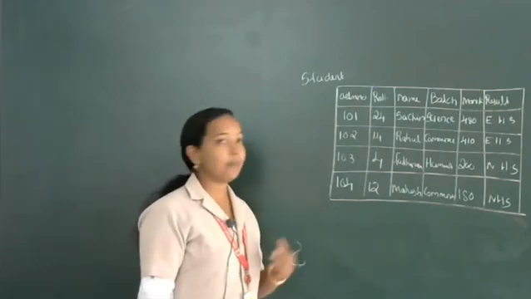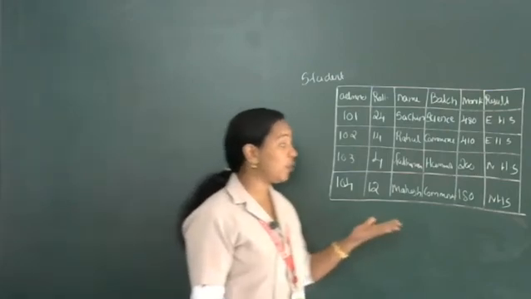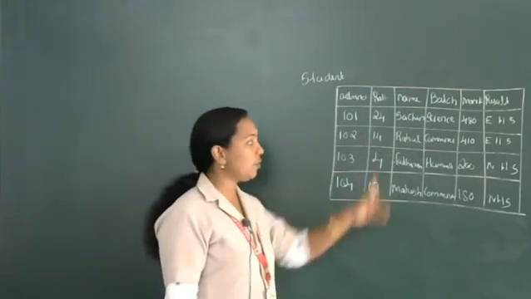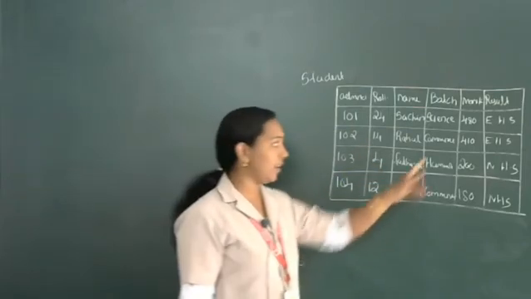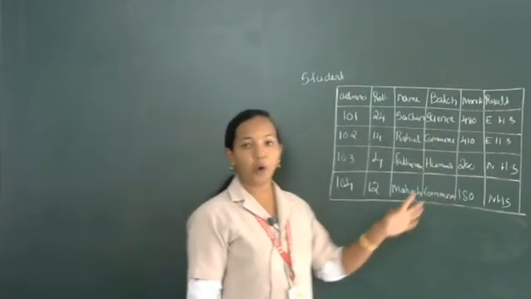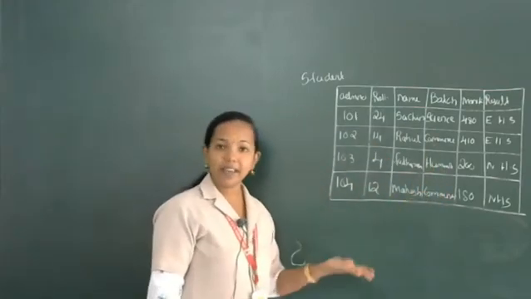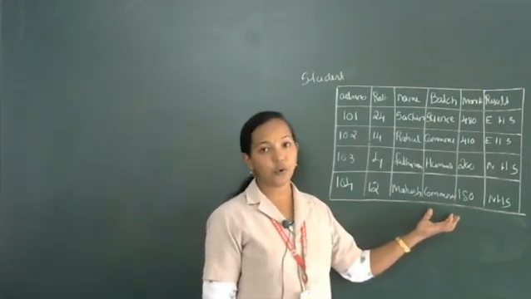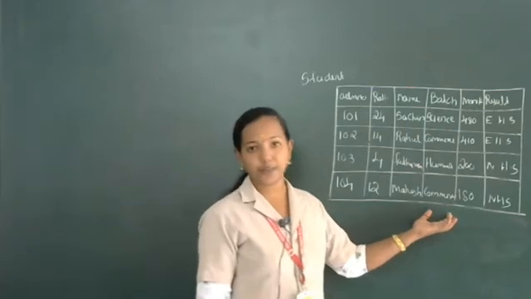If I write batch is equal to commerce, there are 2 rows satisfying this condition, the second row and the fourth row. So there will be a chance of duplication, and we can't use batch to uniquely identify a student.